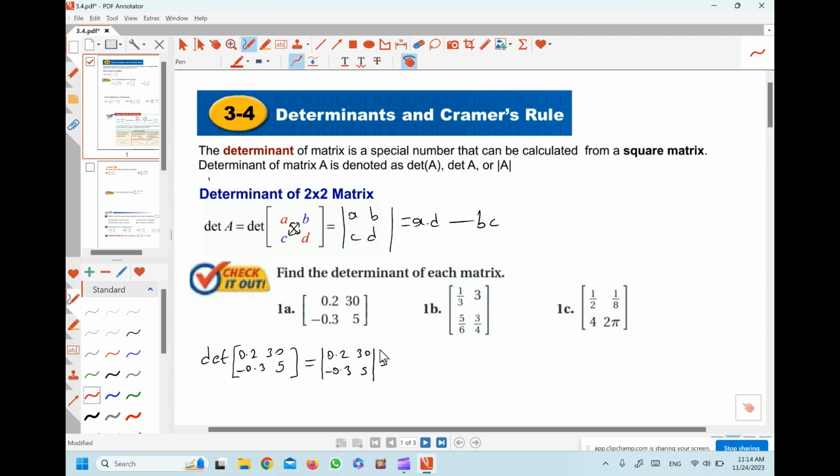So first you multiply the numbers in the main diagonal, which is 0.2 times 5, and subtract off the product of the numbers written in the other diagonal, which are 30 times negative 0.3. Now, when you calculate this, 0.2 times 5 is 1. And negative by negative makes positive, 30 times 0.3 makes 9. 9 plus 1 is 10.